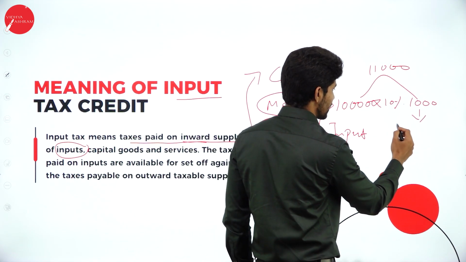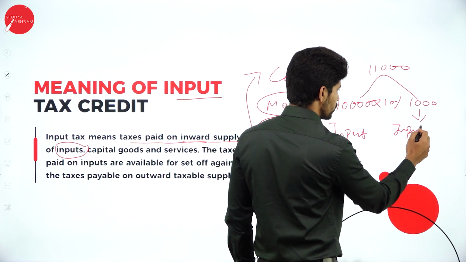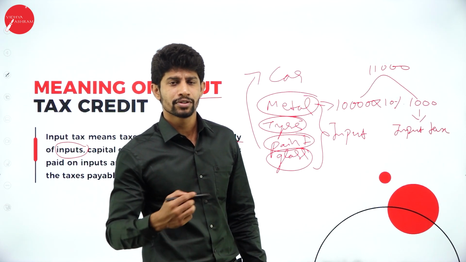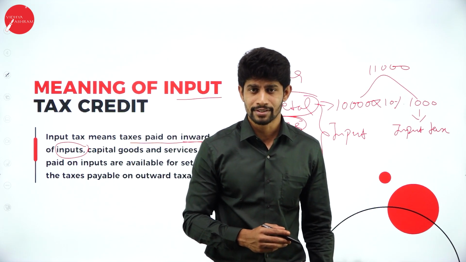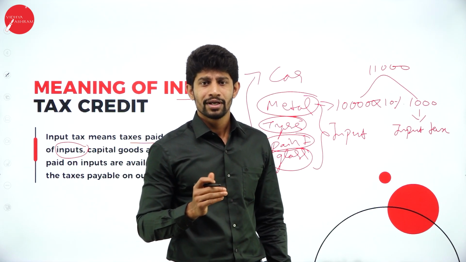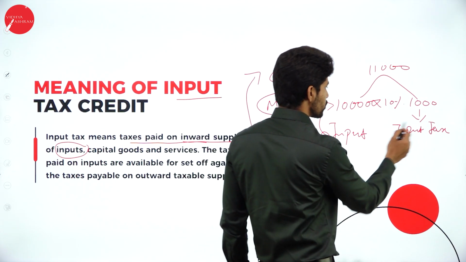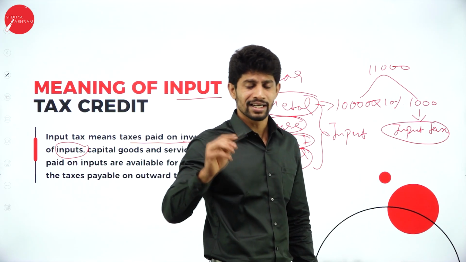input tax. Input is nothing but the raw materials purchased for the furtherance of the business, and the tax paid on the input is called input tax. It's very easy and very simple.